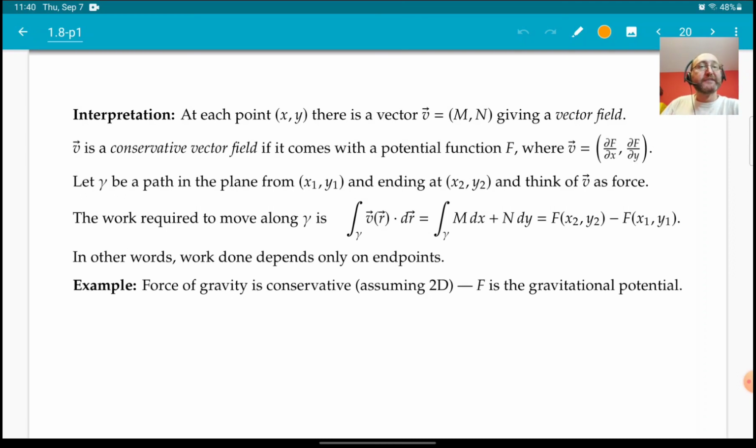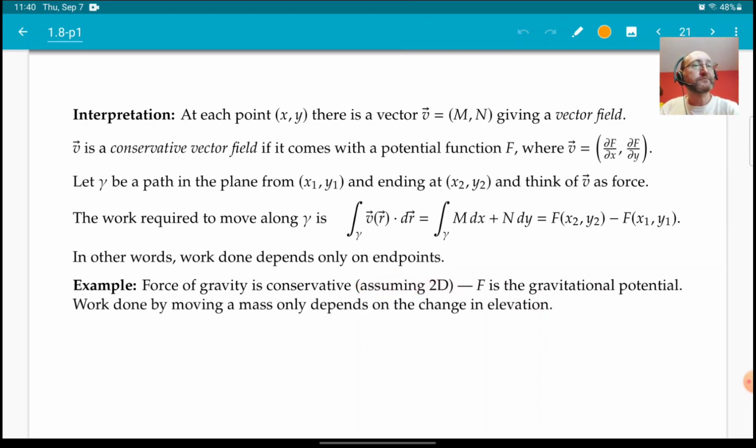All right. So the force of gravity is conservative. Here we're assuming 2 dimensions, so we're in the flat world. Normally you have 3 dimensions, but it's the same idea. And f would be the gravitational potential. So the work done, as I just said, only depends on the change in elevation, because the gravitational potential only depends on the distance from the center of the Earth.